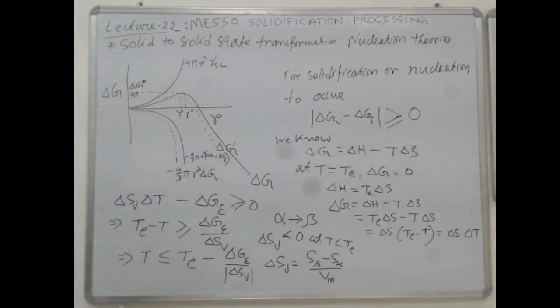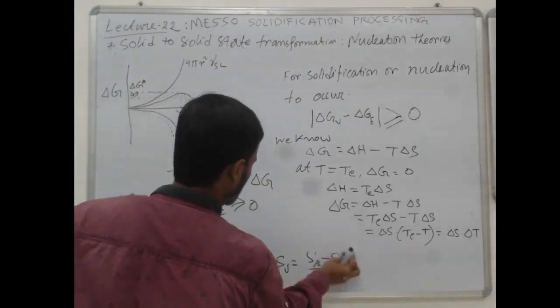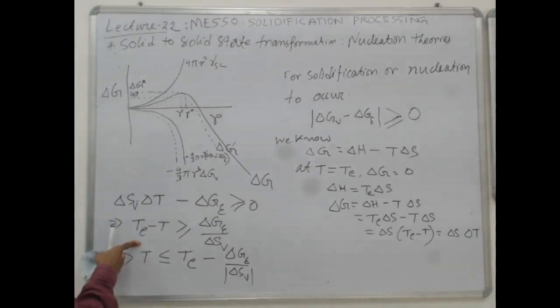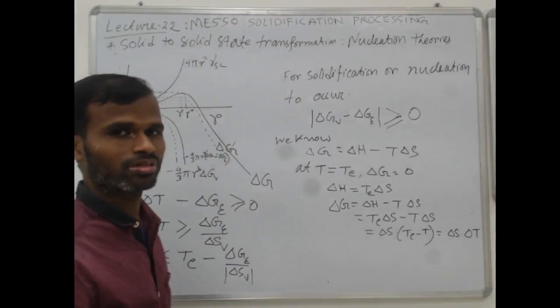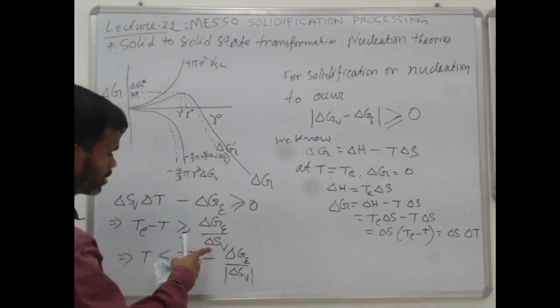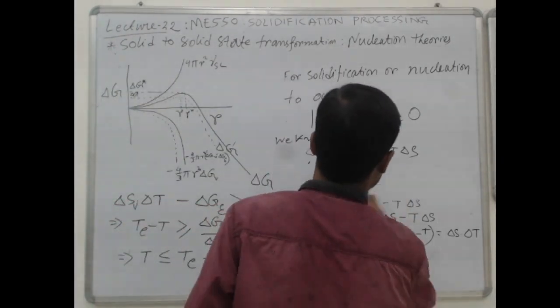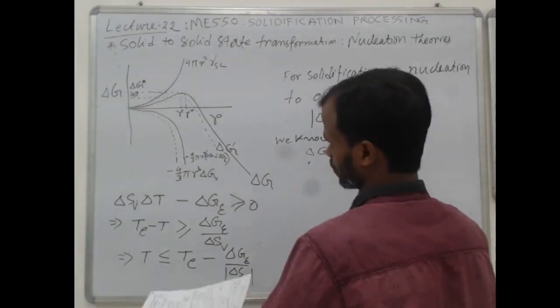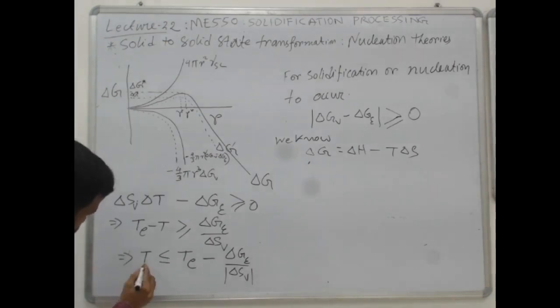So this is the equation. It tells you the undercooling that you need to provide in order to start the nucleation, which is proportional to delta G E by delta S V. From undercooling you can get the alpha to beta transformation temperature.